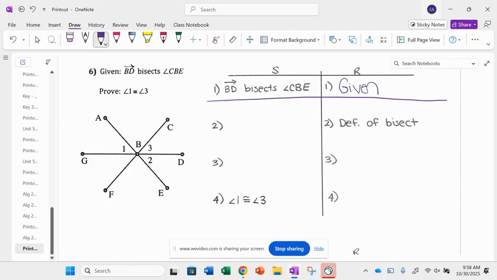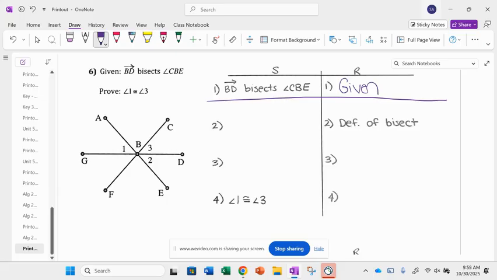I want everyone right now on your computers to show me, if BD bisects angle CBE, what can you mark? I want you to mark it and then turn over your computers to show me. Perfect.